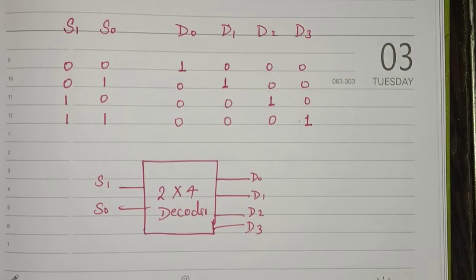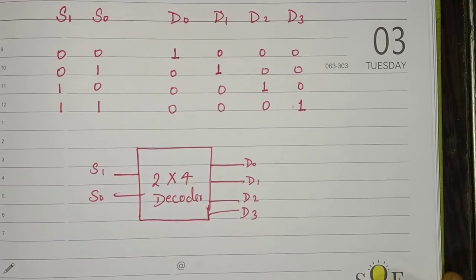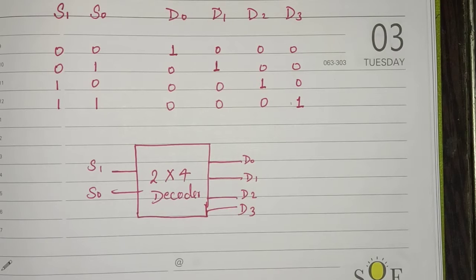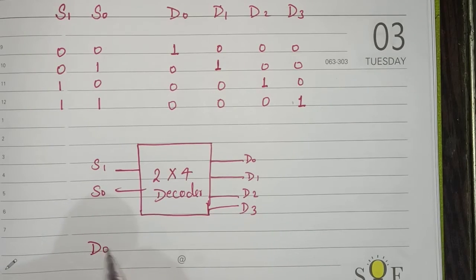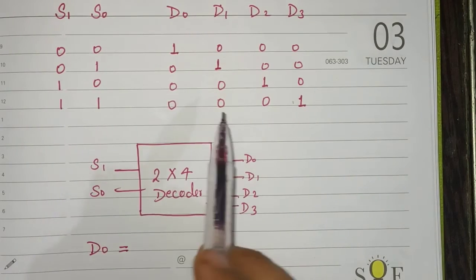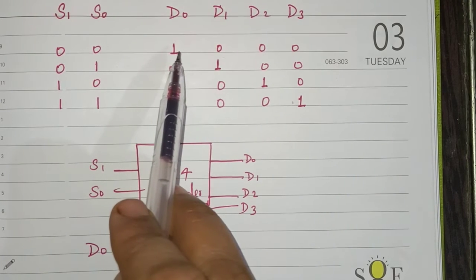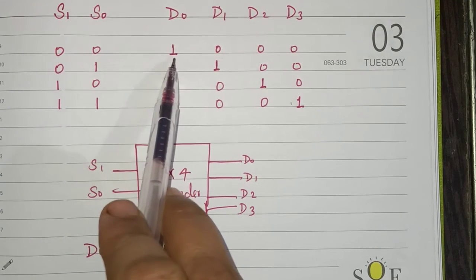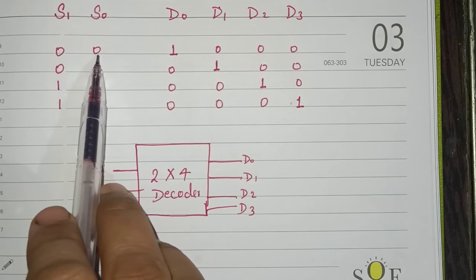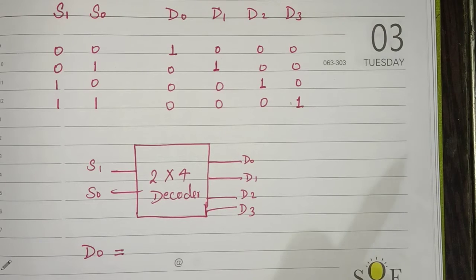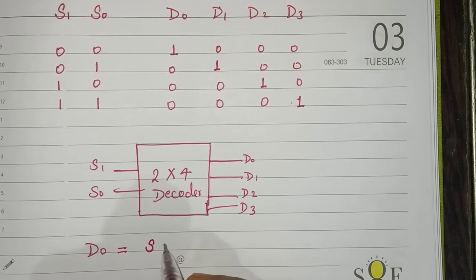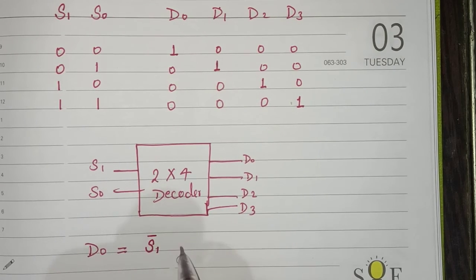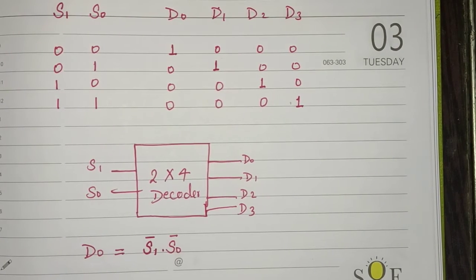Before moving to the circuit diagram, let's see the expressions of the truth table outputs. For D0, D0 is active, or you can say high, when S1 and S0 both are 0. We write it in minterm form, so it is S1 complement dot S0 complement.